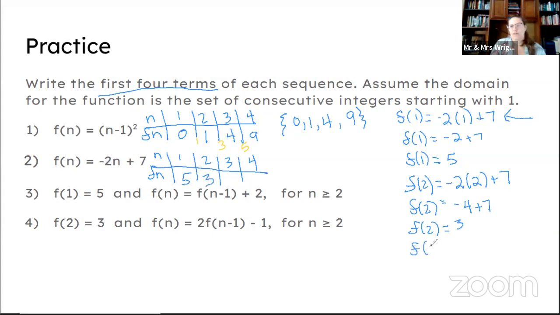All right, and f of 3 is the one we're working on next. It's -2 times 3 plus 7. F of 3 is -6 plus 7. F of 3 is 1.